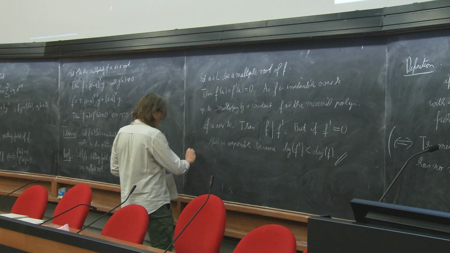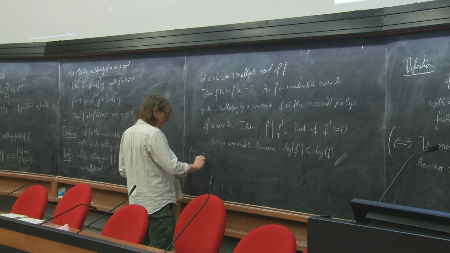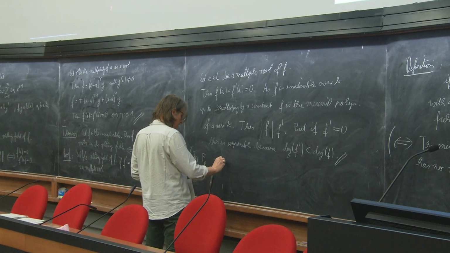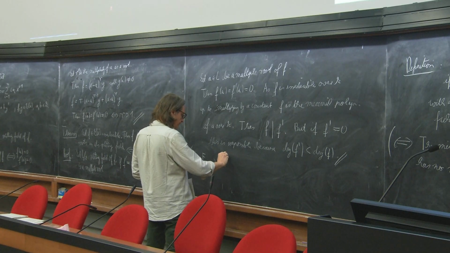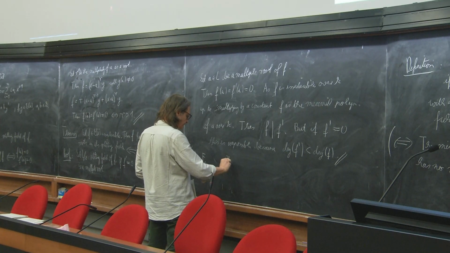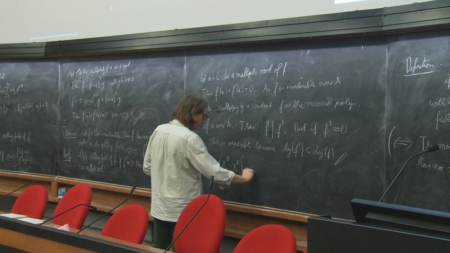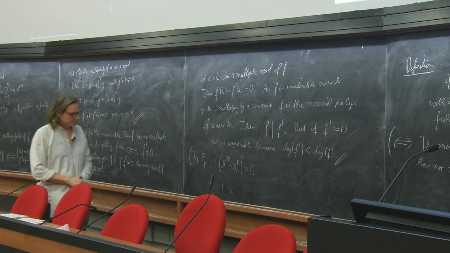So for instance, in F_p, if we take, for instance, x to the 2p minus x to the p, if I take the derivative, this is the 0 polynomial, because p is equal to 0.